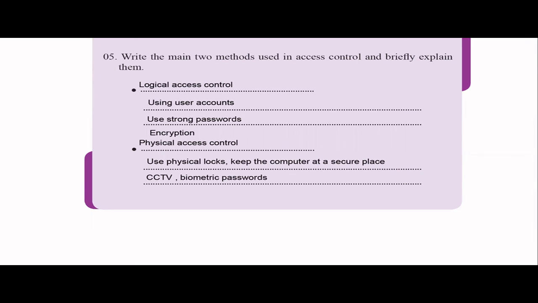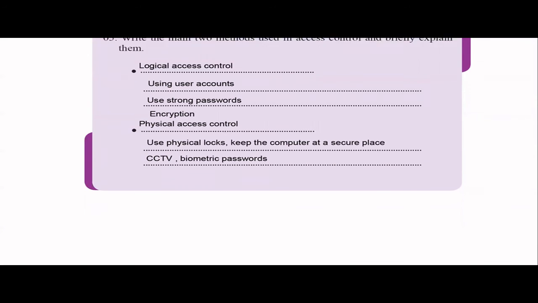So from these things, you can physically protect your computer. And how to protect it logically is basically having user accounts with different privileges, as well as using strong passwords and encryption of your data. So from these things, you can ensure logical and physical access control.